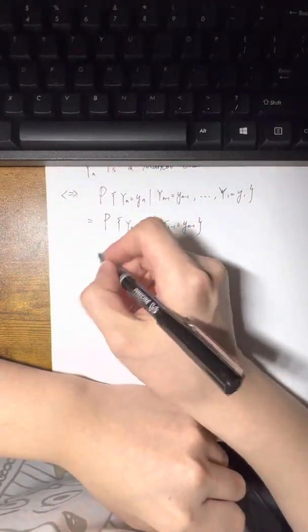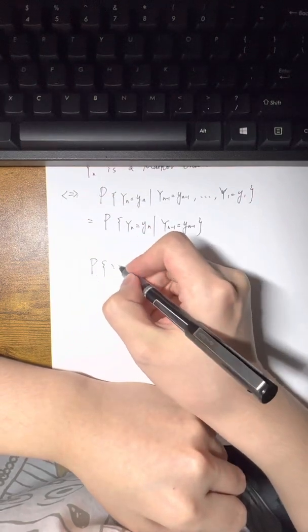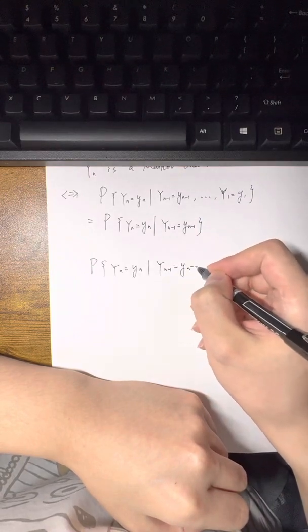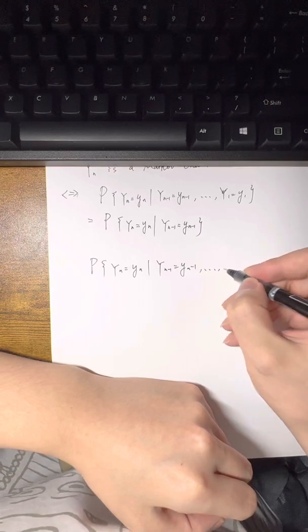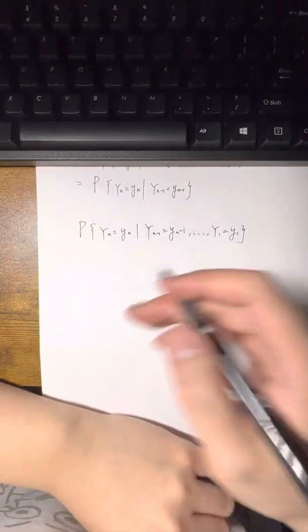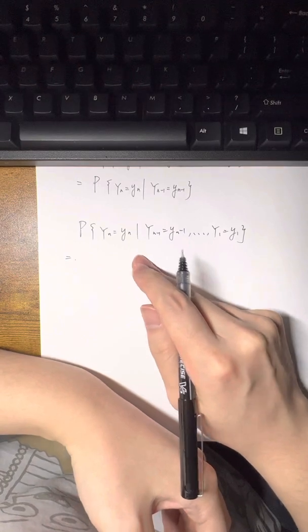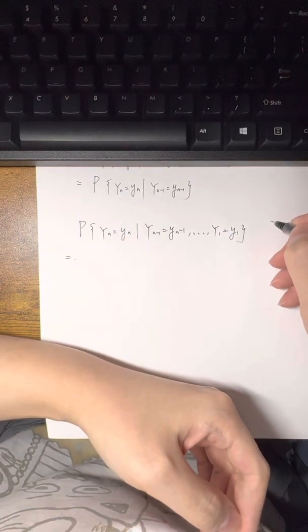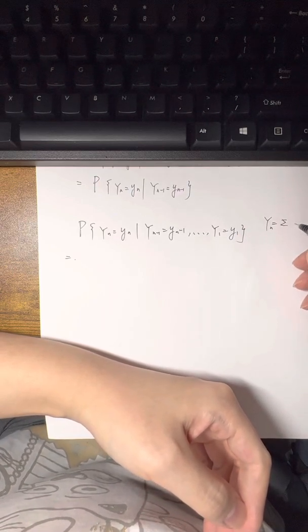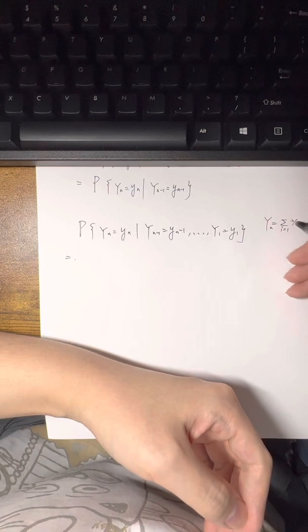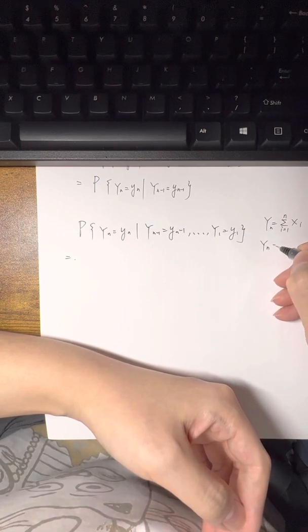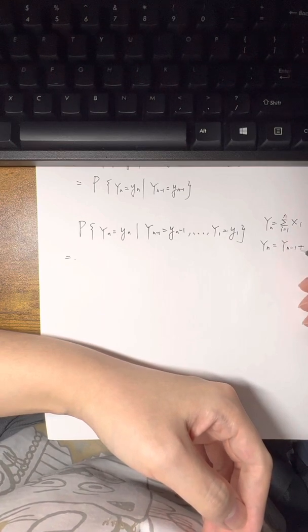Since yn equals the sum of xi, where i is from 1 to n, which means that yn equals yn minus 1 plus xn.